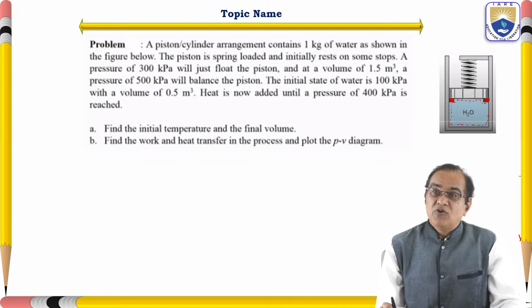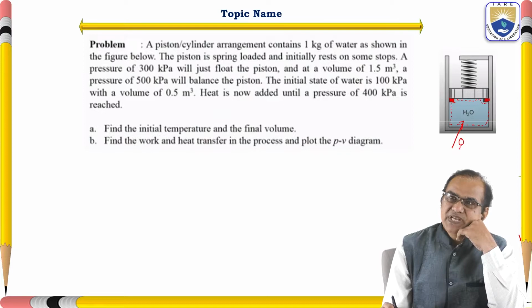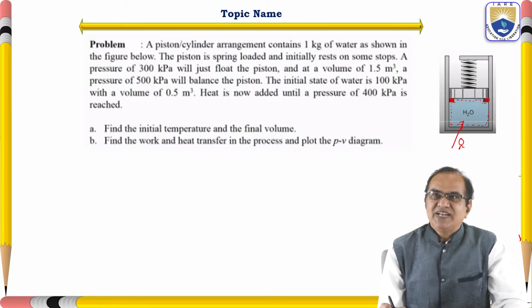So volume is given, P1, V1 is given. Heat is now added until a pressure of 400 kilopascal is reached. So we are giving some heat from here. Heat Q is given.